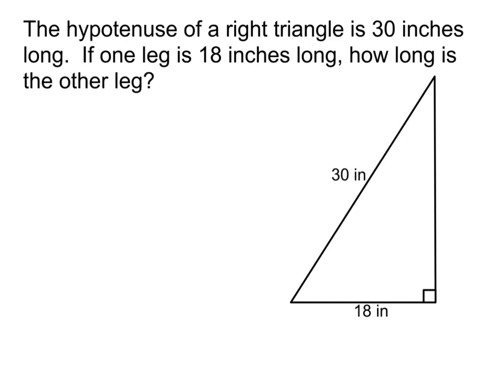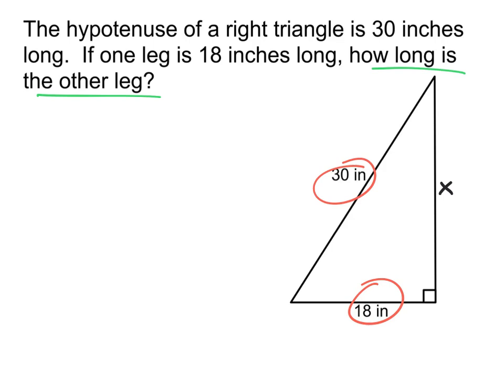Now, you'll notice that I only have two numbers on here, the 30 and the 18. I need one other piece, either an angle or a side length. Well, what it is that we're trying to find here is the other leg. And so I'm going to go ahead and give that a name. I'm going to be uncreative here. I'm going to go ahead and just call that x.